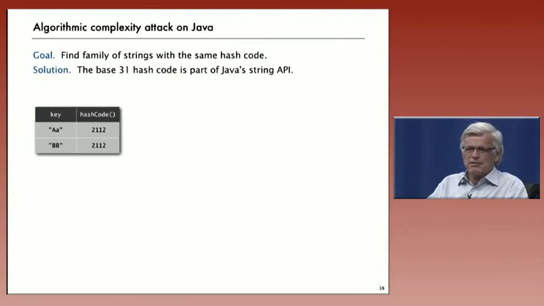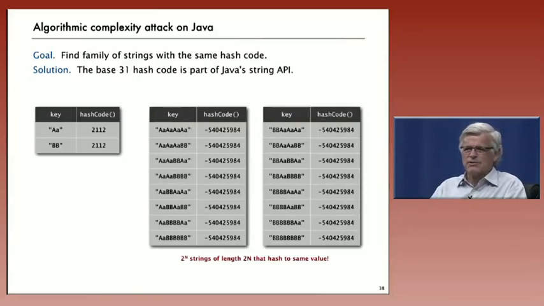So here's just a simple example on hashing in Java. It's pretty easy to find a family of strings that have the same hash code. For example, with just a little fooling around, or nowadays you can just look it up on the web, you can see that these 2-character keys both have the same hash code. And you just do the math, and that base 31 hash code will tell you that answer.